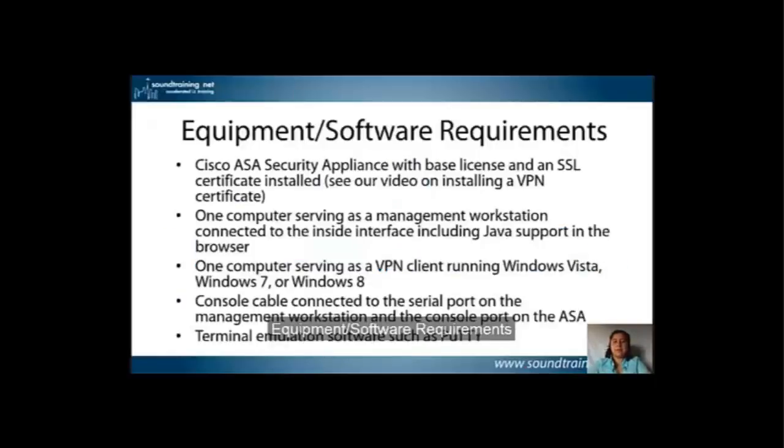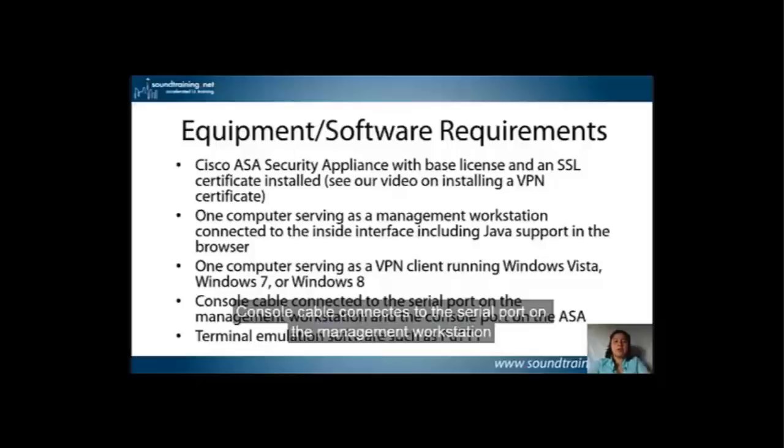Equipment and software requirements: a Cisco Adaptive Security Appliance with base license and certificate installed. One computer serving as a managed workstation connected to the inside interface, including Java support in the browser. One computer serving as a VPN client running Windows Vista, Windows 7 or Windows 8.